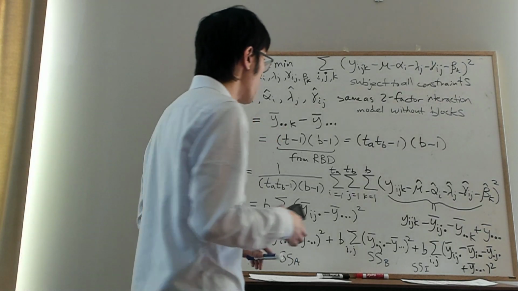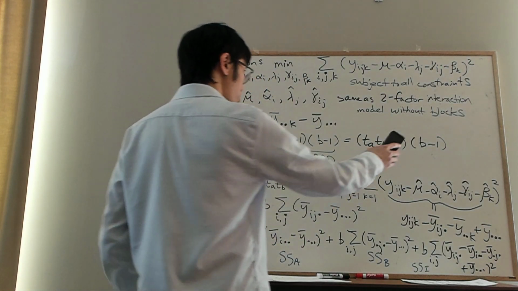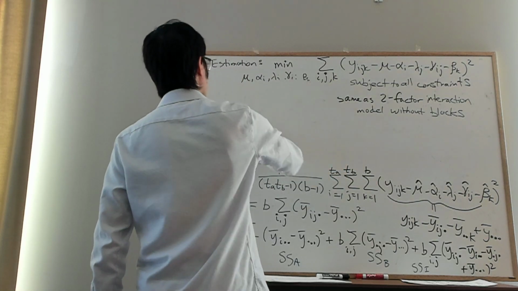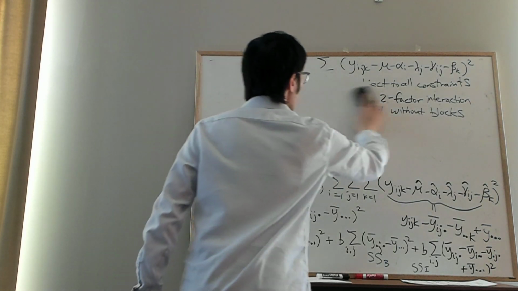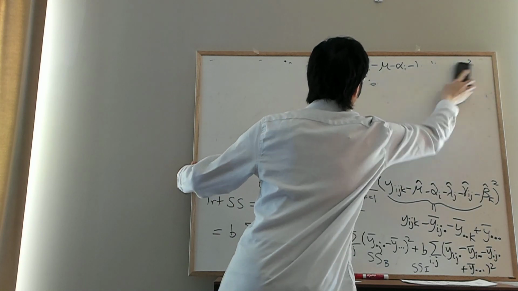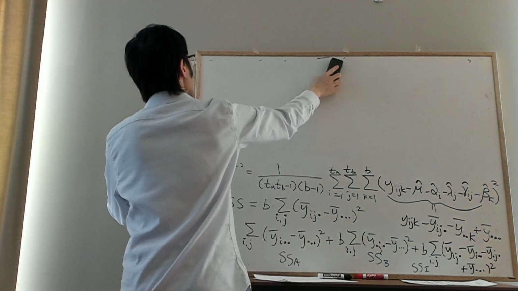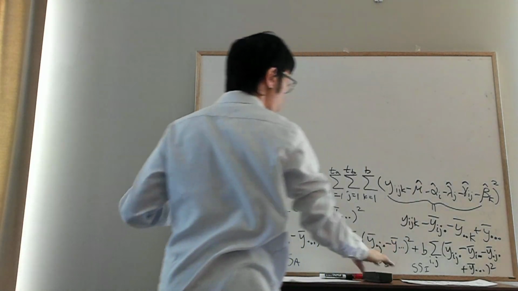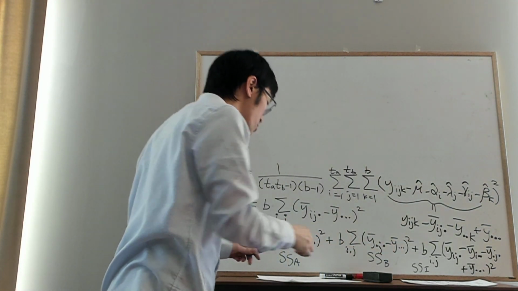So we can just adapt that expression for the block sum of squares. So we just have to copy down the residual and block sum of squares expressions from the RBD case and rewrite them using these notations.